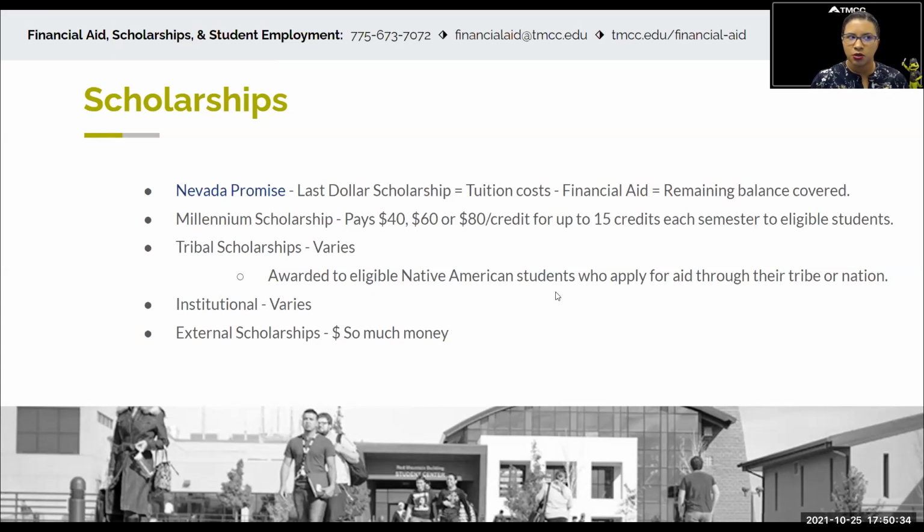So if a student doesn't have a social security number, they could still be eligible to fill out the FAFSA as long as they're an eligible non-citizen with an alien registration number.